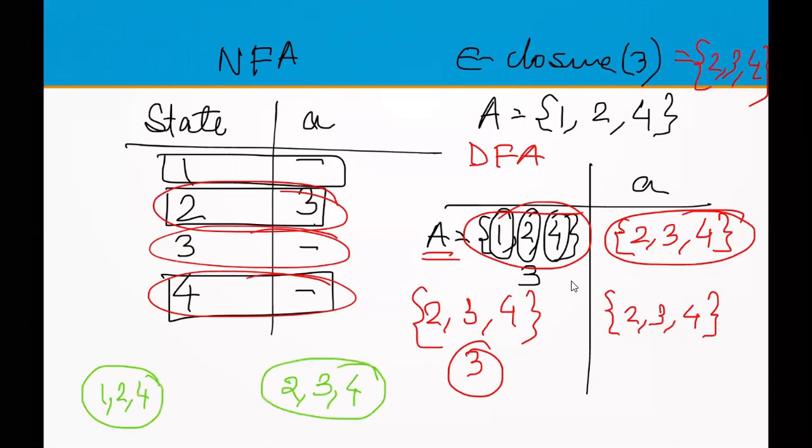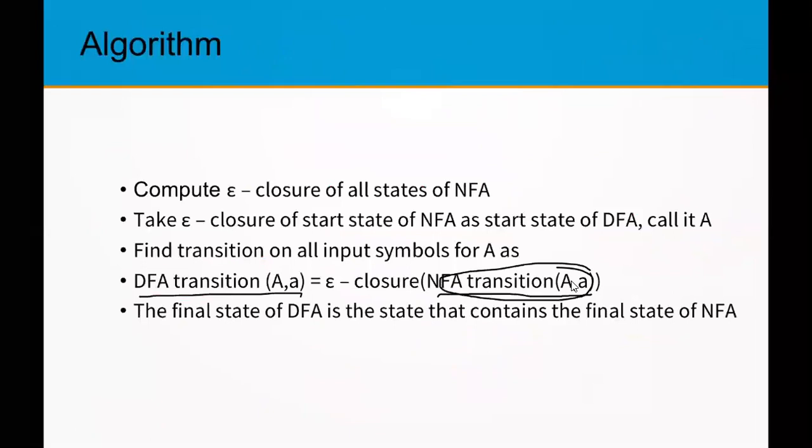Okay. Which is the start state? 1, 2, 4 is the start state here. So 1, 2, 4 on A will go to 2, 3, 4. 2, 3, 4 on A will remain in itself. Okay. Now, which is the final state? According to our algorithm, the final state of the DFA is the state that contains the final state of the NFA.